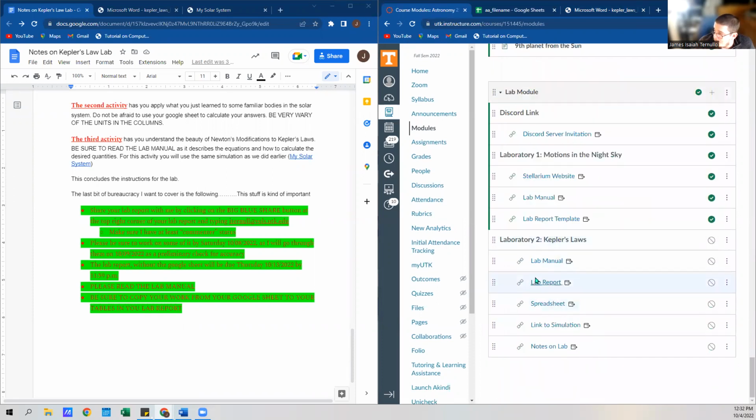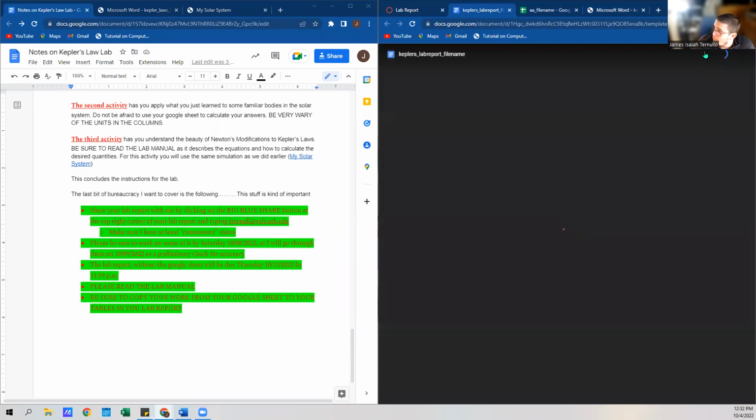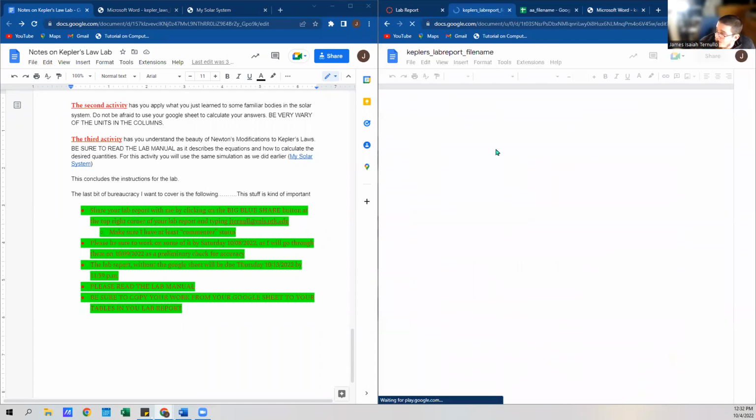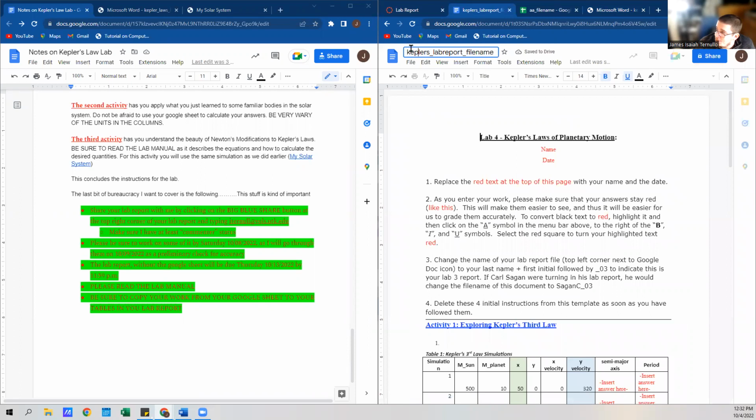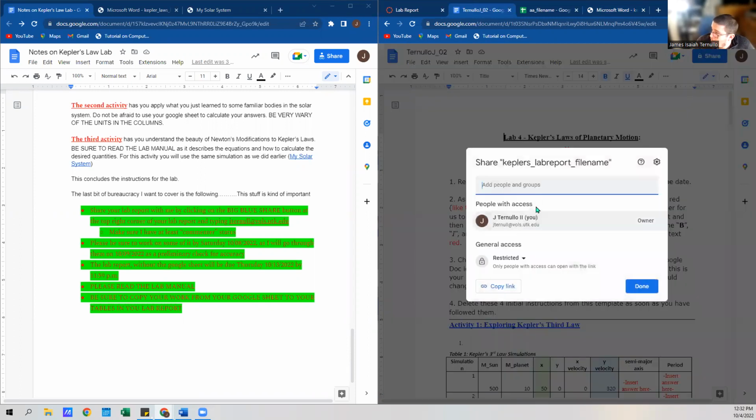Once I publish everything, you'll click on the lab report, you'll click open in a new window, you'll click use template, read these first 4 instructions here, change the name of all this jazz. And then you click share and share this with me. Make sure that anyone with the link has the ability to be at least a commenter. I have to at least be a commenter or an editor. I believe that sums up that one.